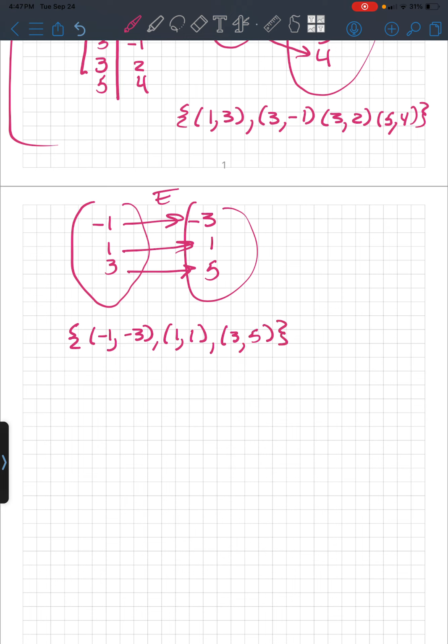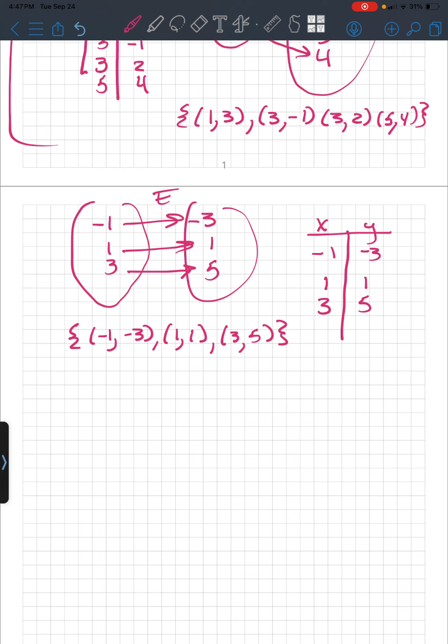They ask you to do it in a table, which would be like this. And then they ask you to do it in a graph. And I'm not going to graph that out, but that is on page 57 in example 2.